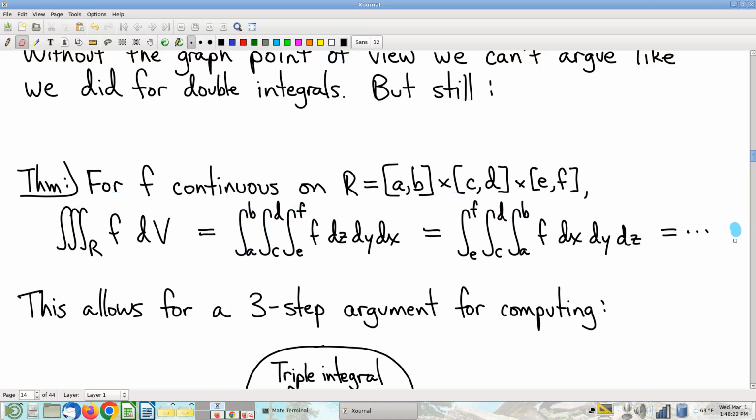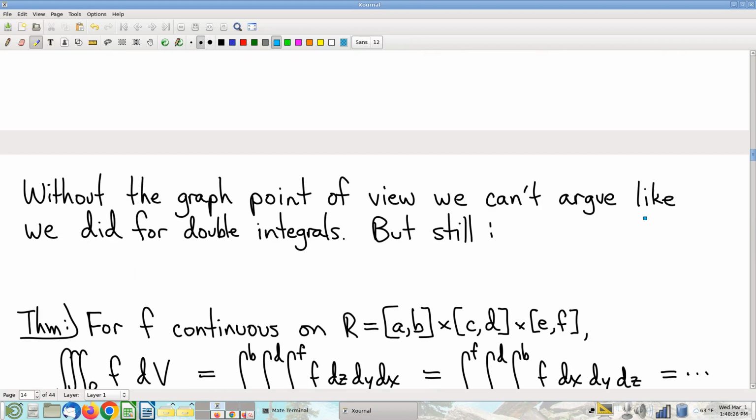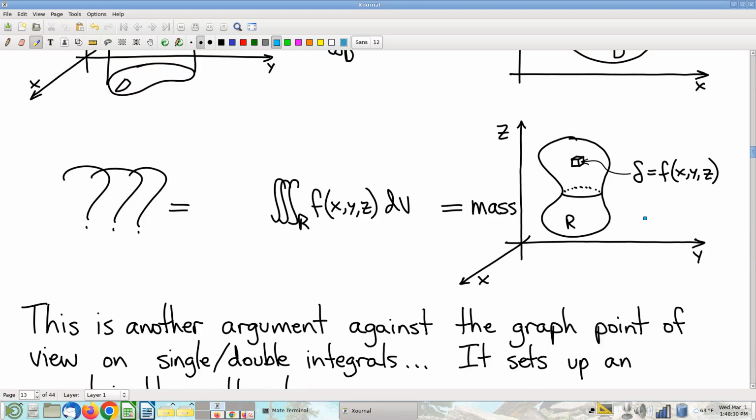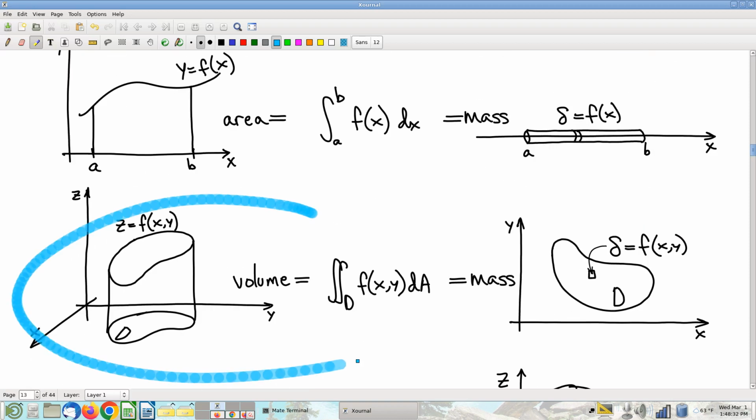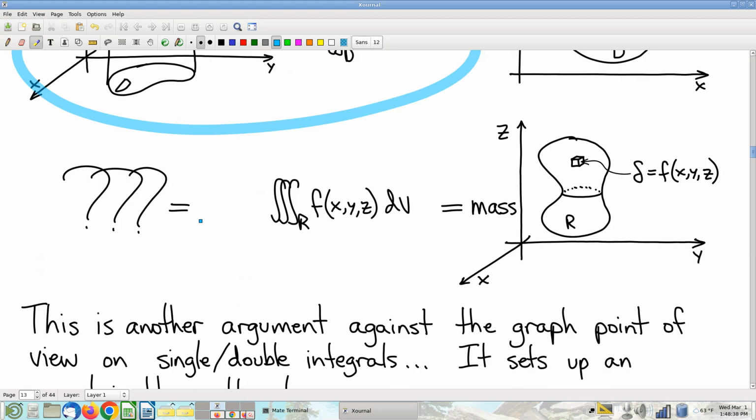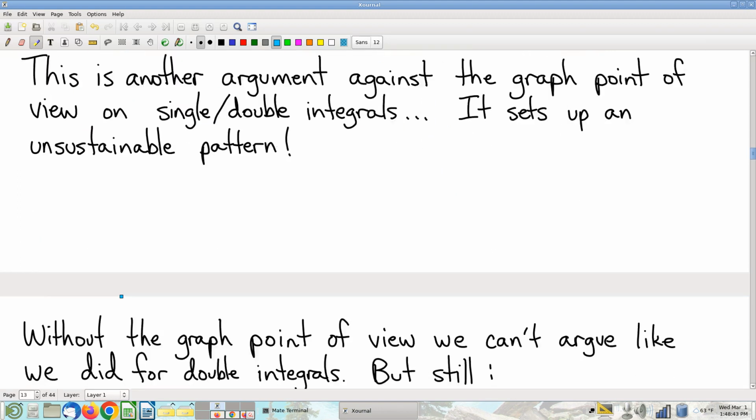The bad news is I can't give you a geometric argument for this. You may recall that the way we made this argument for double integrals relied on this picture, interpreting double integrals as representing volume under a graph, and of course I don't have that picture accessible, so that's kind of off the table.